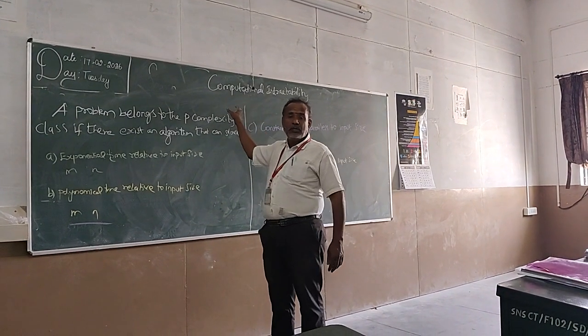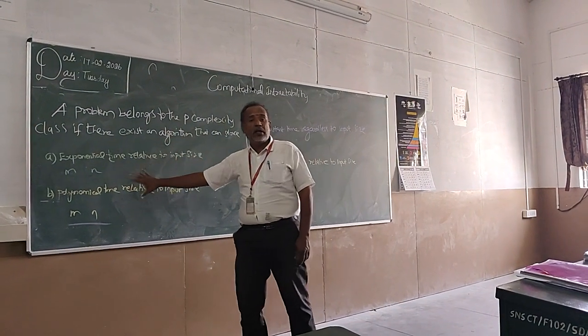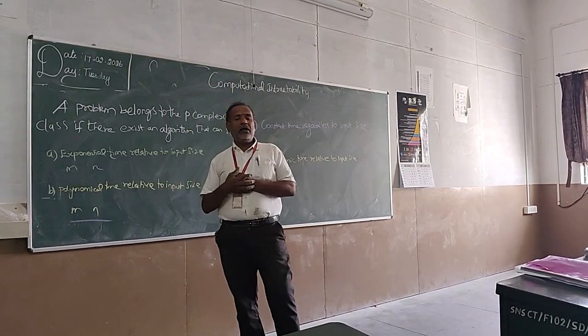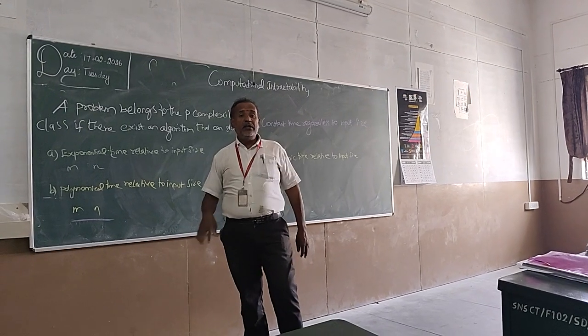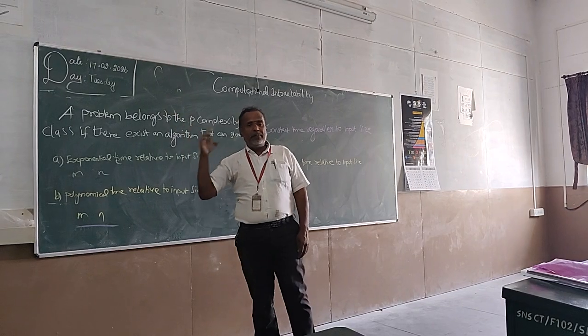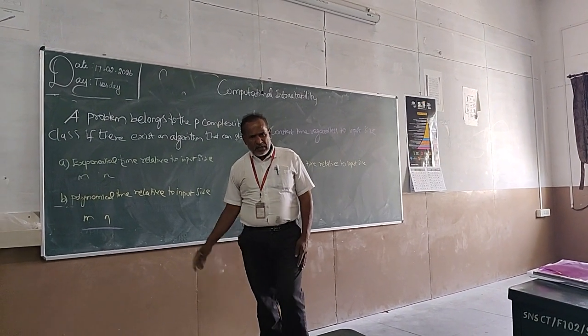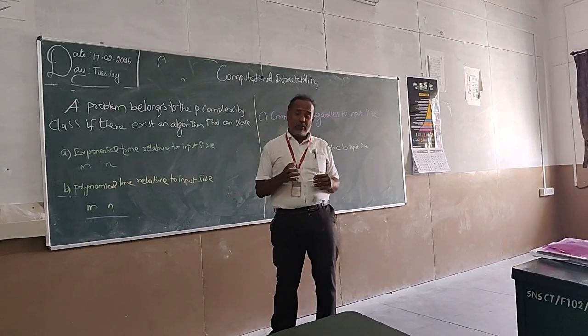In computational intractability, the focus is only on polynomial time, which depends upon the complexity of the problem, m and n, the input size, and how different atomic and monotonic scenarios come in.